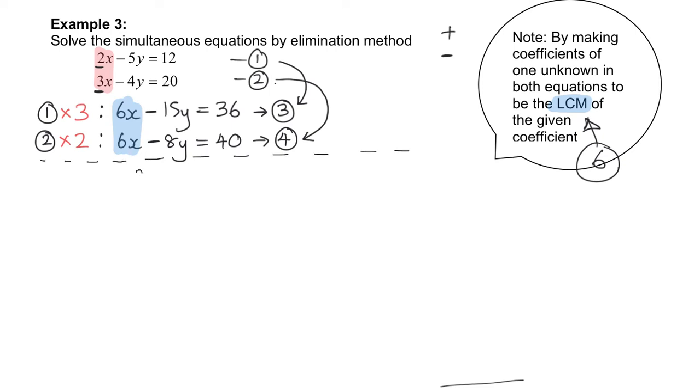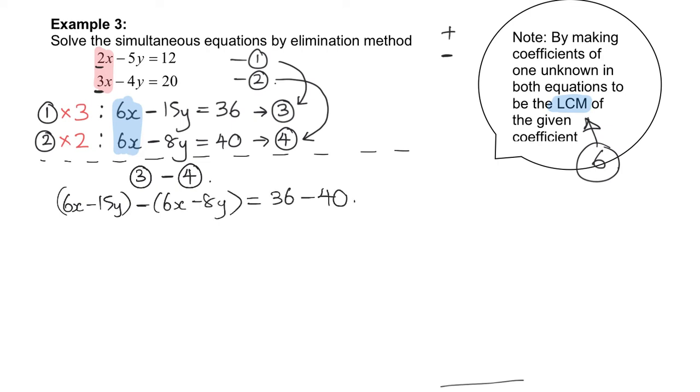I'm going to take equation 3 and I'm going to subtract away equation 4 to eliminate x. So I'll have 6x minus 15y minus 6x minus 8y equals 36 minus 40. So expanding it, I will have 6x minus 15y minus 6x plus 8y is negative 4.